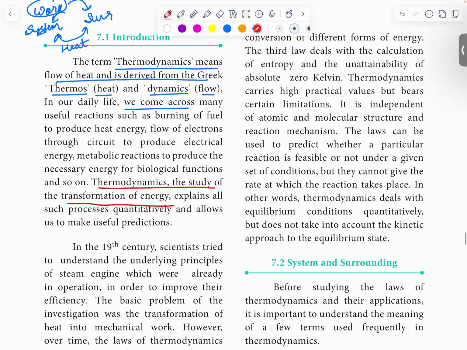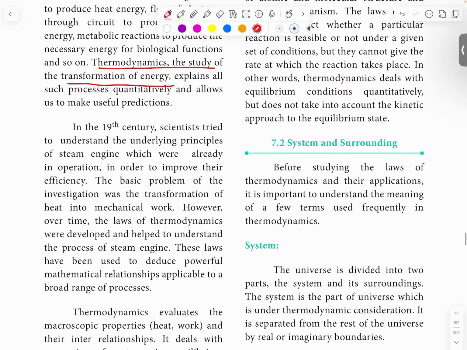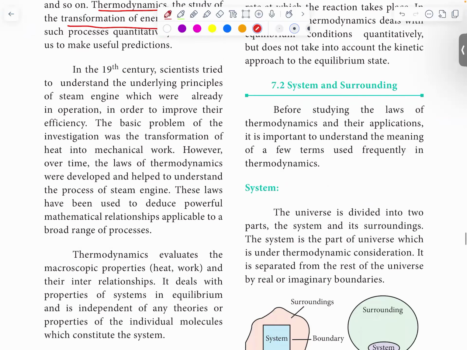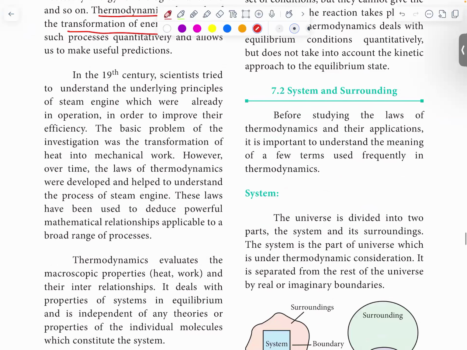Moving ahead, we have to understand what we are going to evaluate in this chapter. There are many things we are going to evaluate, but basically we are dealing with macroscopic properties like heat and work and their interrelationship. What are macroscopic properties?